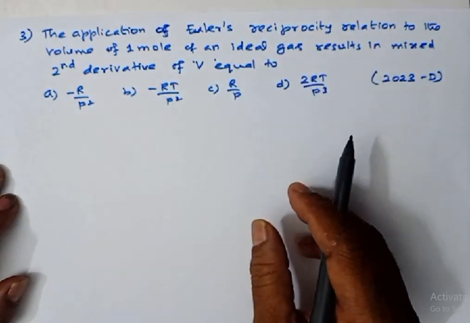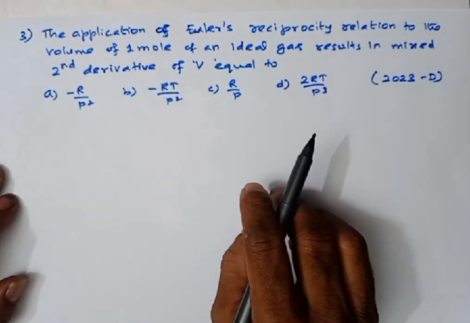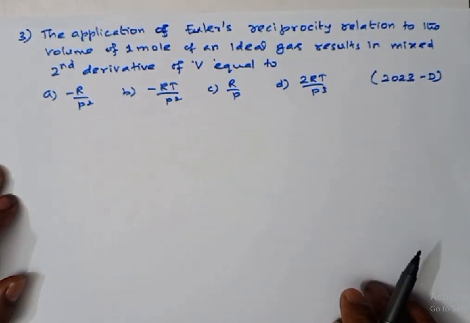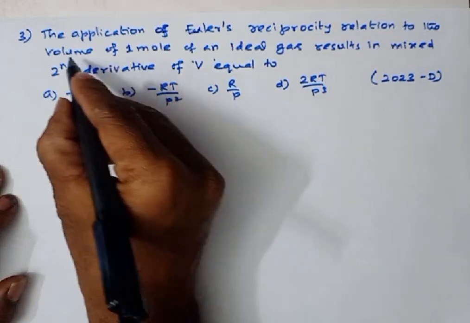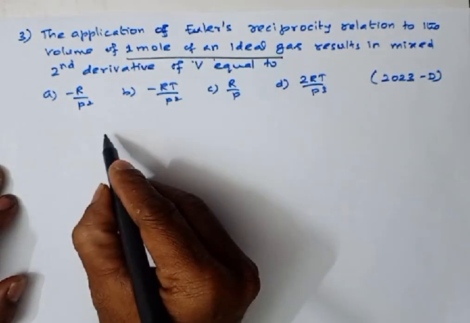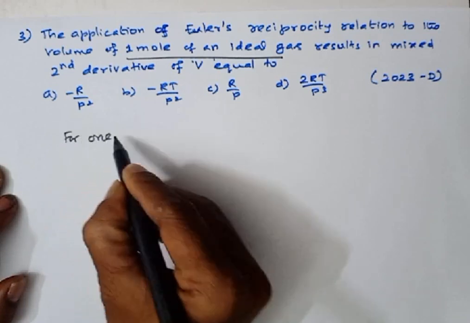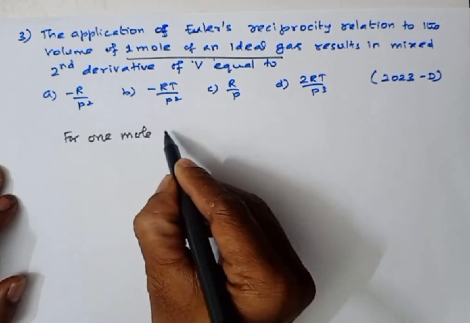If the function is a state function, then you can write the Euler's reciprocity. So here 1 mole of ideal gas is given.